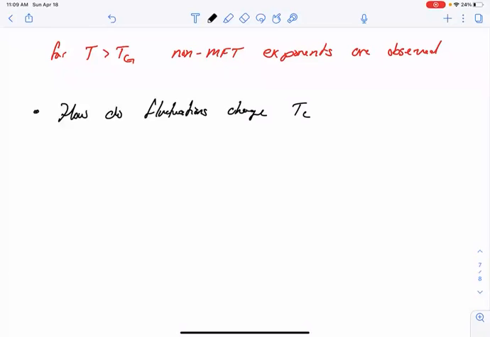In the exact theory, there's no guarantee that the value of the critical point we put in is where the actual system would transition between an ordered and disordered state. A nice way to actually show that is to write out the partition function exactly as its mean field value times its fluctuation correction.